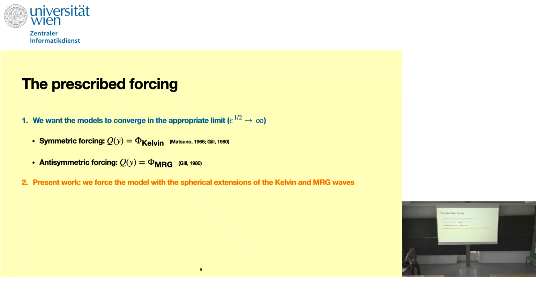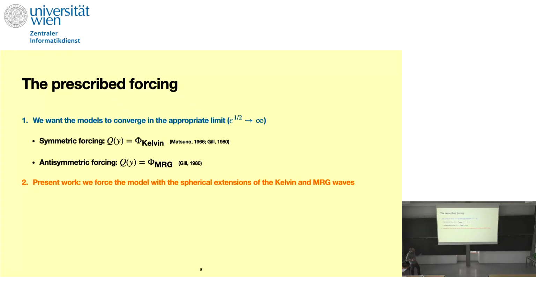And so in terms of extending the model, we want to make sure that the solutions on the sphere would converge to the beta plane solution in the appropriate limit, that is large Lamb number. And for that, we need to make sure that the forcing would also converge to the original forcing considered by Matsuno and Gill. And as I mentioned, the meridional part of the forcing, at least in the case of symmetric forcing, was the geopotential height of a Kelvin wave.